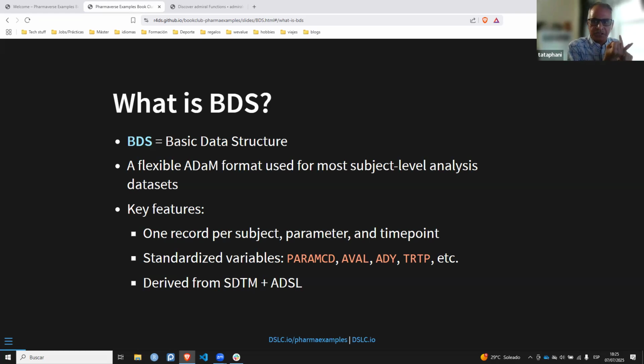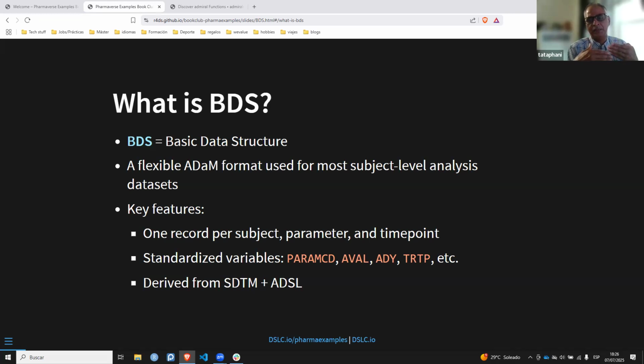Most of the information you want would be stored with the unique keys in ADSL, ADTTE, and other structures, whereas ADAE would have the remaining information related to adverse events, because adverse events happen more than once for one subject. It can start as mild at one time point, and at the next visit go back to mild to moderate, then become serious, or the other way around. So there will be more than one record per subject per event.